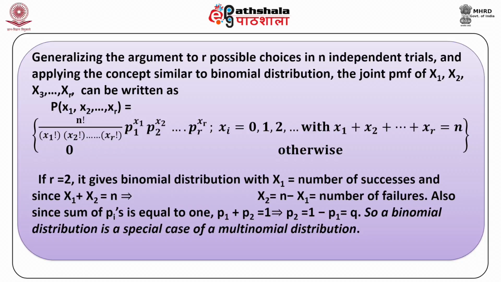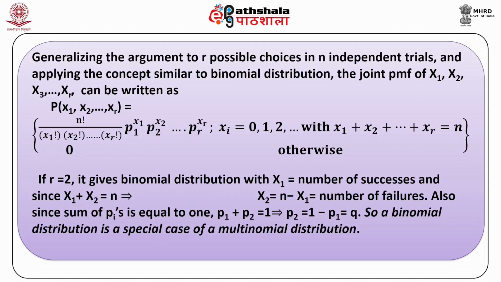Here xi is equal to 0, 1, 2, and so on, with x1 plus x2 up to xr equal to n. And this probability mass function is equal to 0 otherwise. Otherwise means when this does not happen.